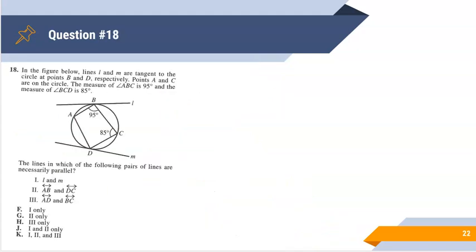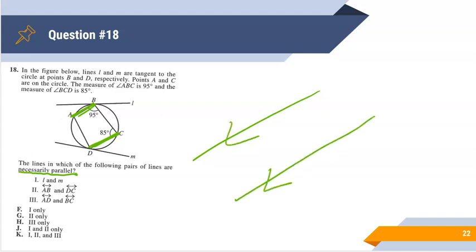Okay, 18 is kind of interesting. We're trying to figure out which of the following, which of these are necessarily parallel. In other words, what has to be parallel? Well, these two sides have to be parallel because if I were to look at two sides that were parallel, I'm drawing them in the same direction as that. Here's my transversal cutting through it.